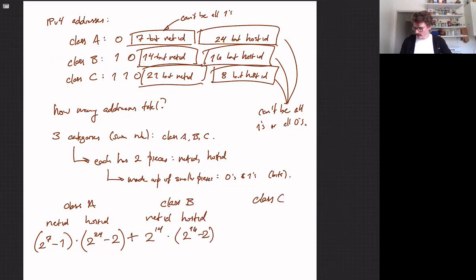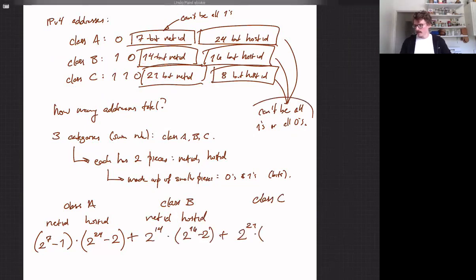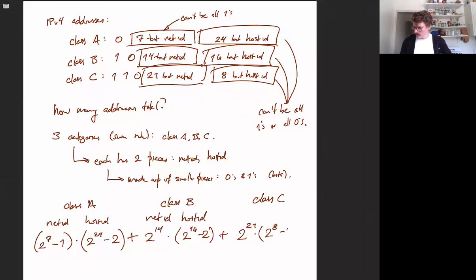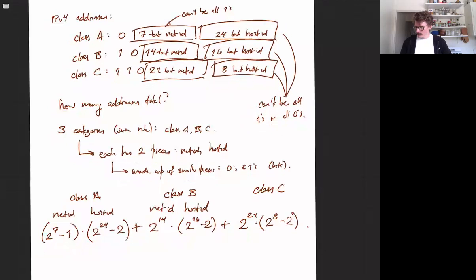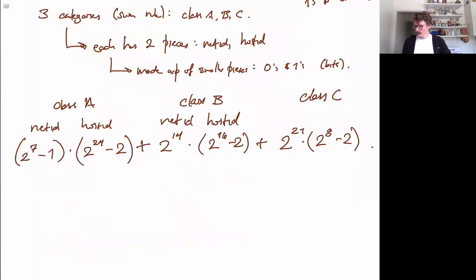And then class C is going to be 21 bits with no restrictions, times 8 bits with the same restriction that knocks out those 2 possibilities. So this is the number of IP addresses using many product rules as well as a sum rule.